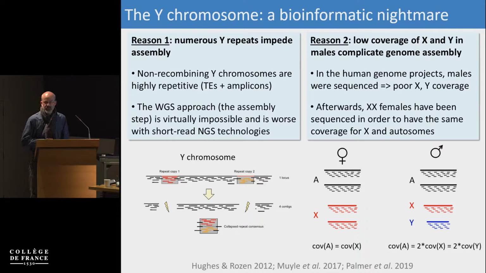Also, there is a difficulty when you want to sequence the heterogametic sex, so XY males or ZW females, because in that case the coverage of the sex chromosomes will be halved compared to the autosomes. And of course, as you know, the performance of the assembly will depend on the coverage.